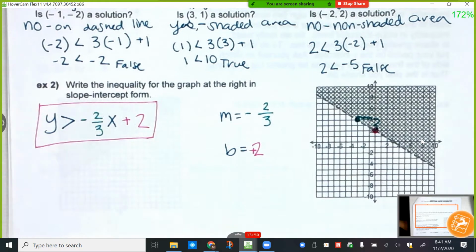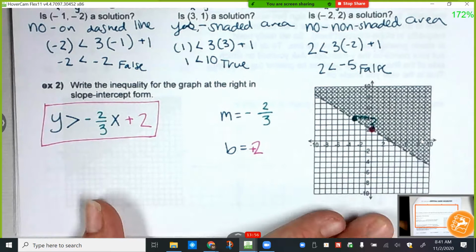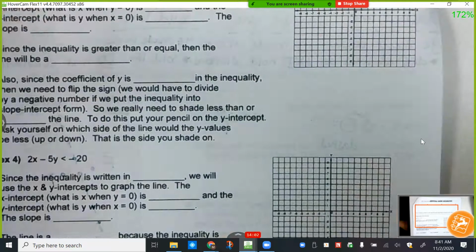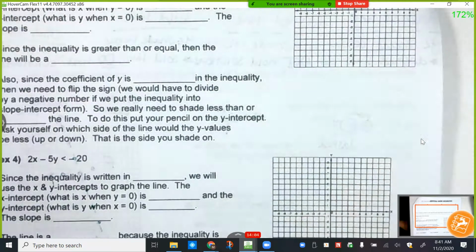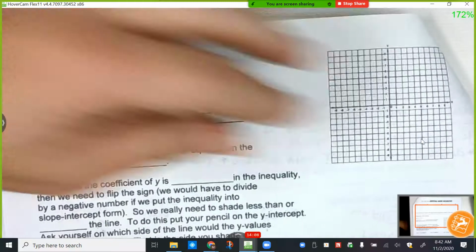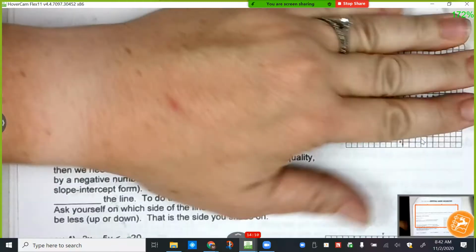Yeah. Okay. So now let's look at standard form. Who remembers the easiest way to graph standard form?